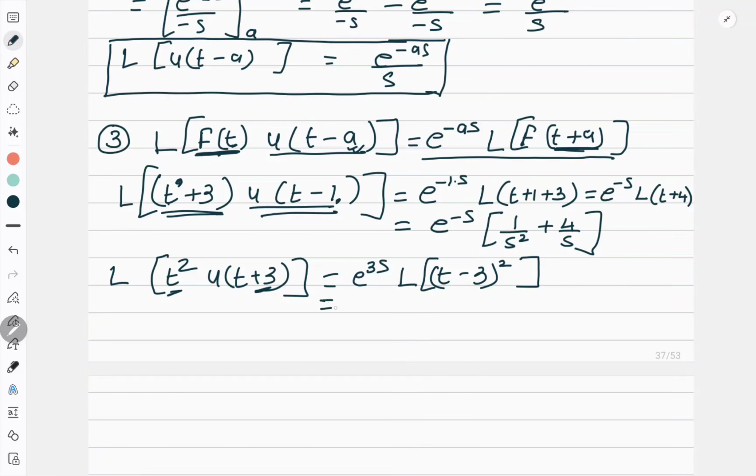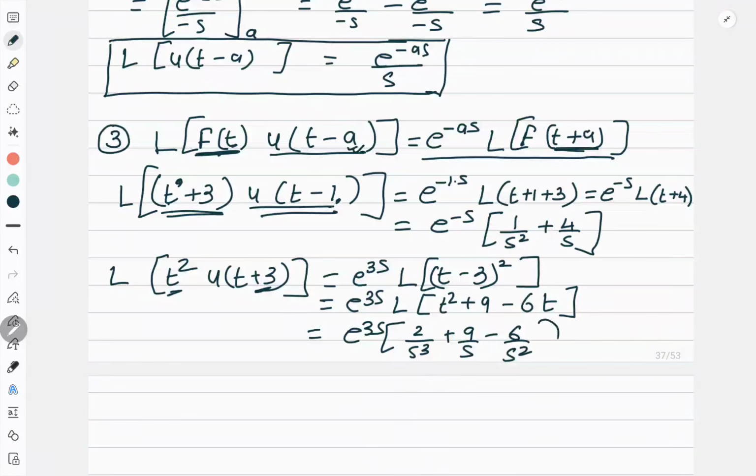So this will become e to the power 3s, Laplace transform of a square plus b square minus 2ab. So what will be the answer? e to the power 3s, then 2 upon s cube plus 9 by s minus 6 by s square. So this is how you have to find out the Laplace transform of a function which is attached with any unit step function. So this is our third concept.